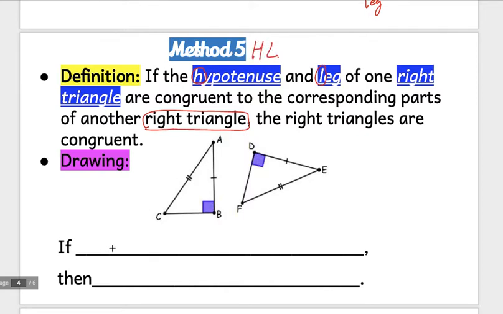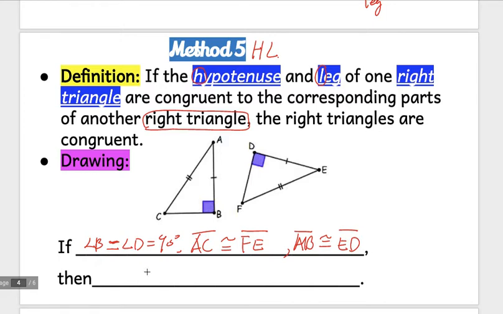So let's write down this congruent statement to complete this if-then statement. Again, we are talking about the right triangle here, so angle B is congruent to angle D, which is 90 degrees. That indicates this is a right triangle, and we also have hypotenuse congruent to hypotenuse, the longest one, and one of the legs, AB, is congruent to one of the legs of the other triangle, ED.